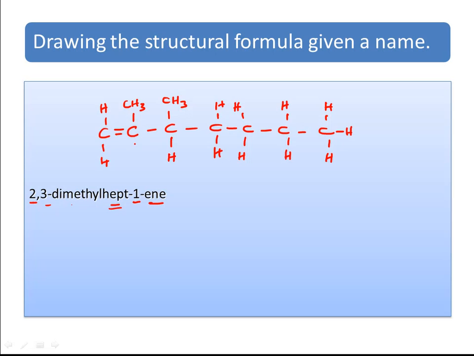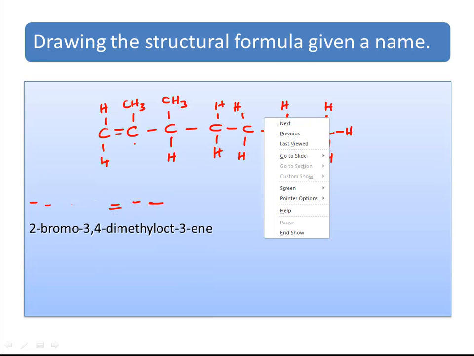Okay, so you need to just double check, go over your molecule again to make sure that everything is in place, everything is added, all the dots and crosses are in place. Okay, now let's move on to the next one, which is 2-bromo-3,4-dimethyl-oct-3-ene. Let's clear this.